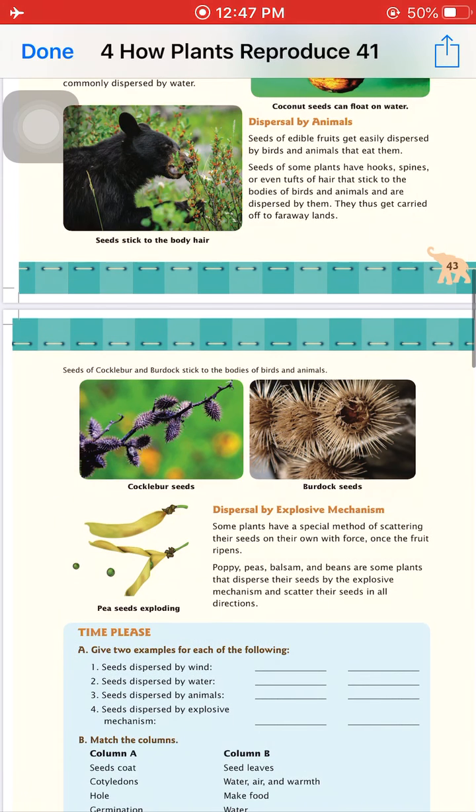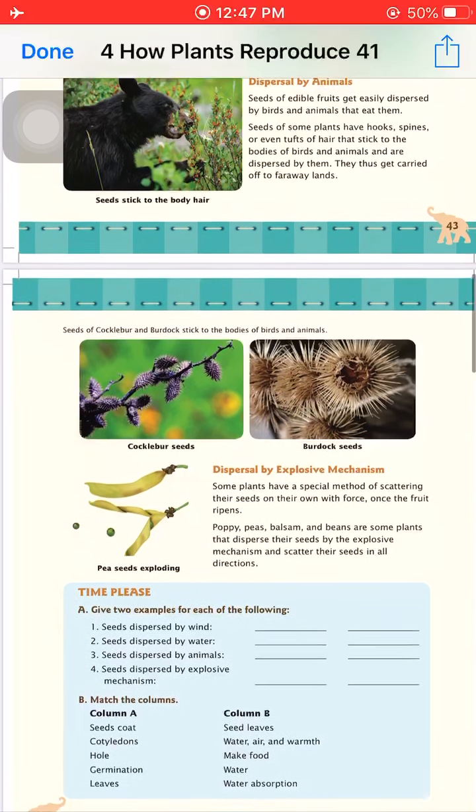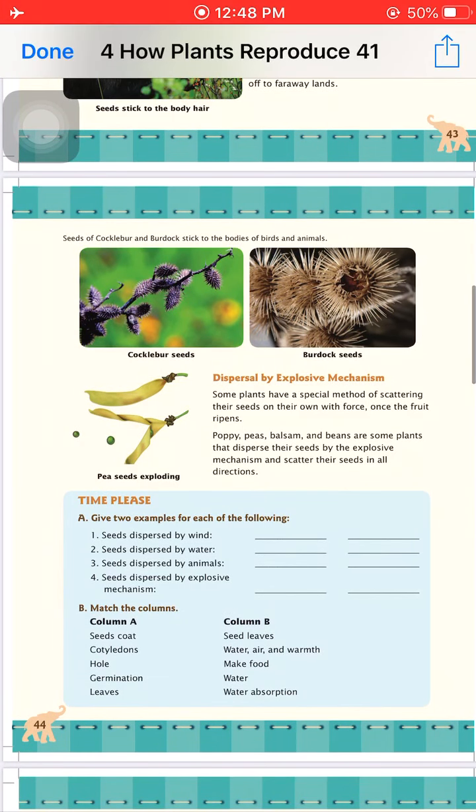Some plants have a special method of scattering their seeds on their own with force once the fruits ripen. Examples of explosive mechanism dispersal are poppy, peas, balsam and beans, which disperse their seeds in all directions.